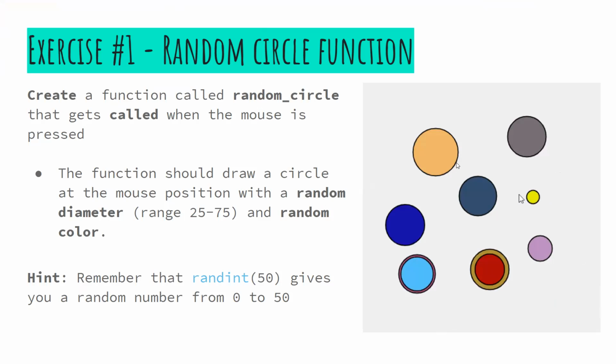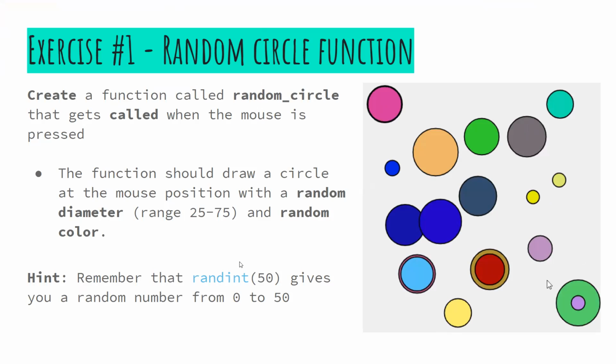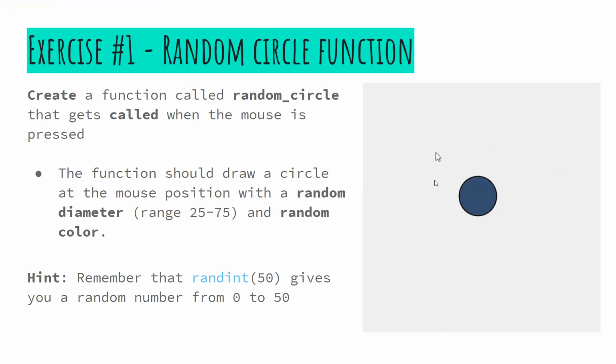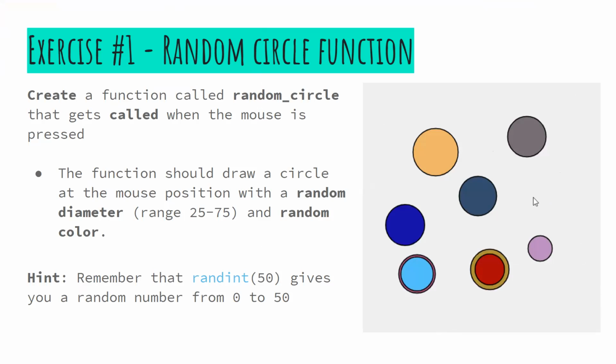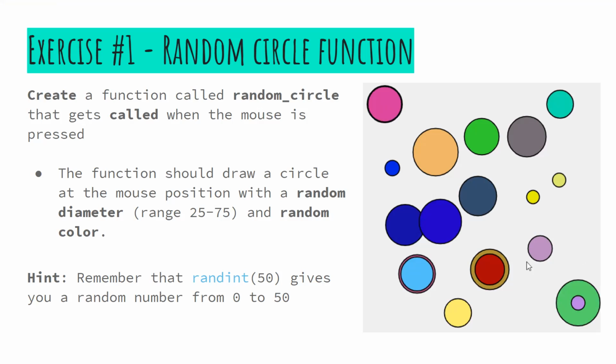We have to use the mouse_down function, and we have to use the randint function, which is basically a predefined function. It's quite similar to the example that I showed you in the mouse_down function. Now you guys will be sent out to breakout rooms to work on it, and you'll have around 10 minutes.